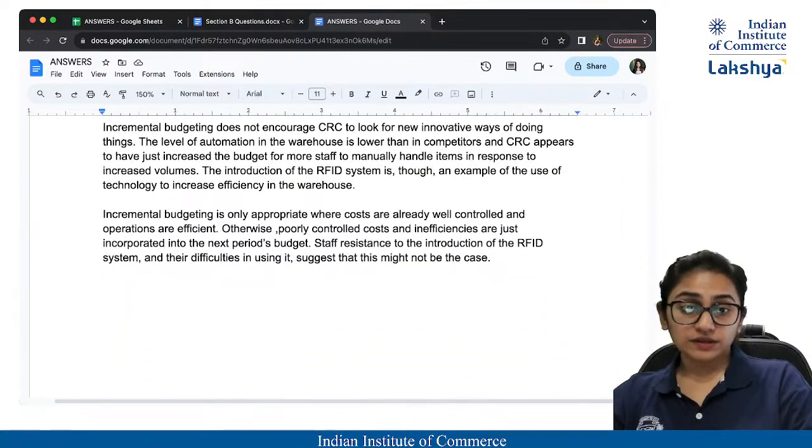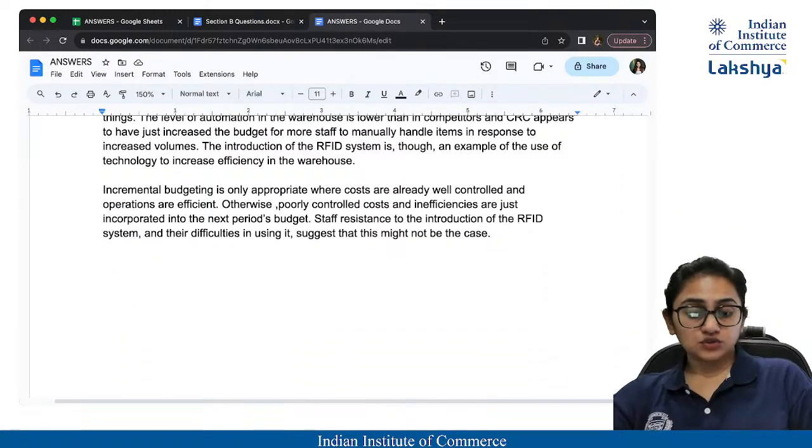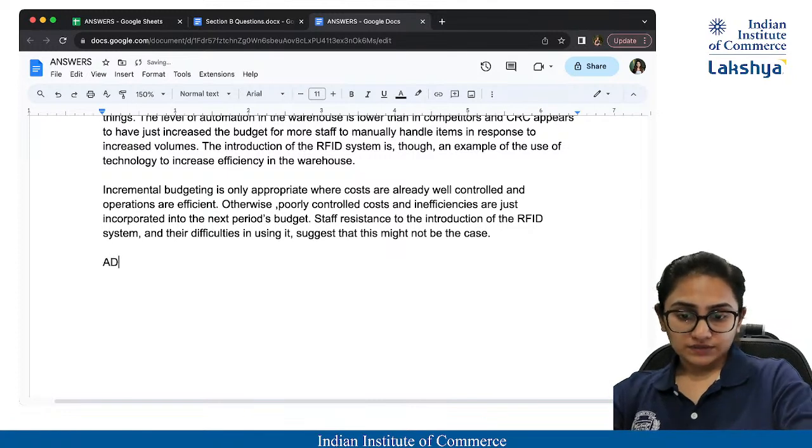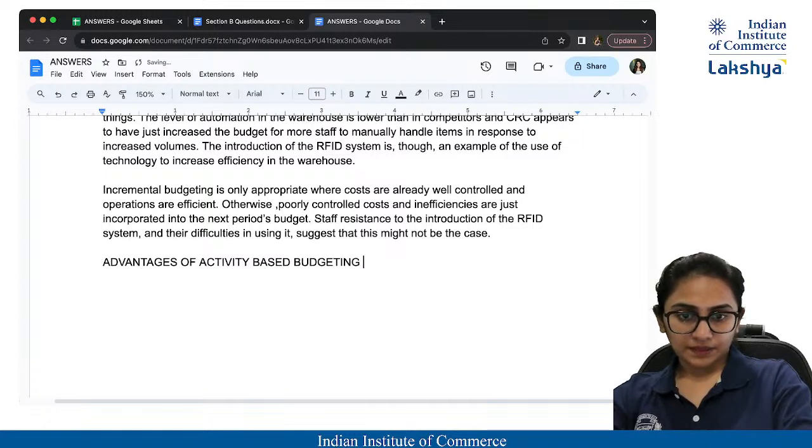Now we have to give them the advantages and disadvantages of ABB. So advantages of activity based budgeting. It's ABB.